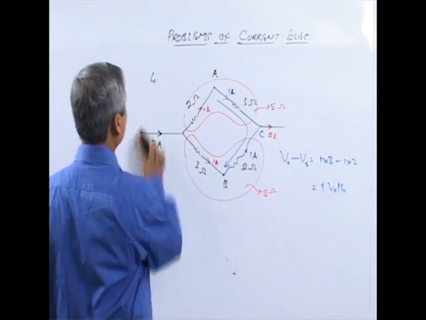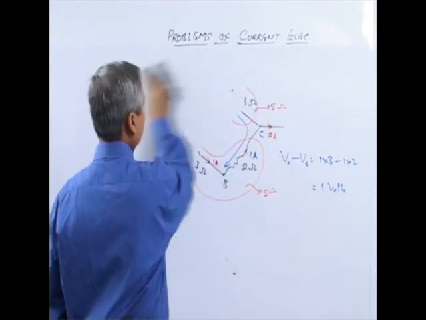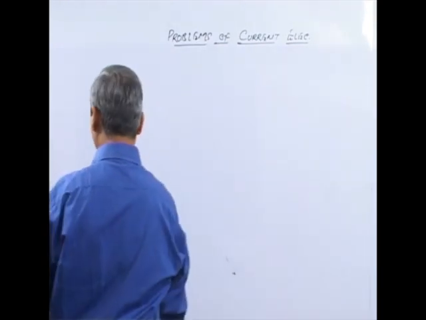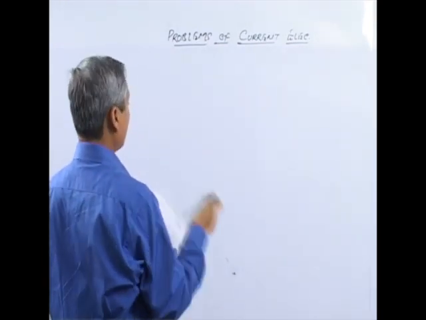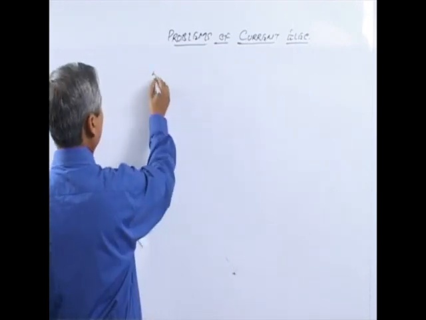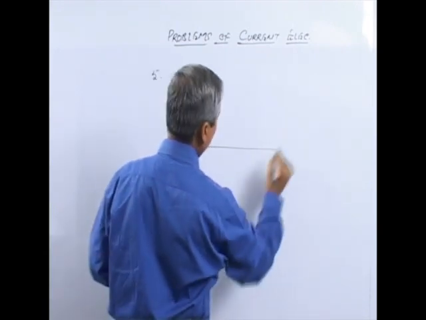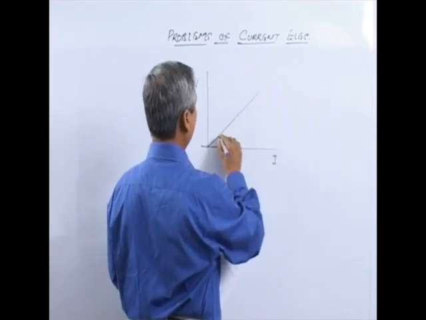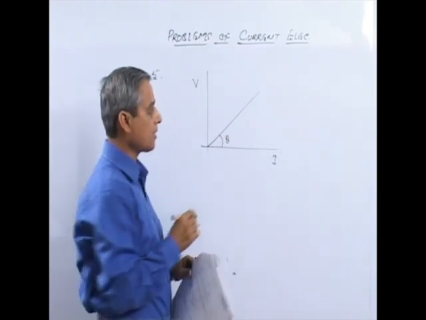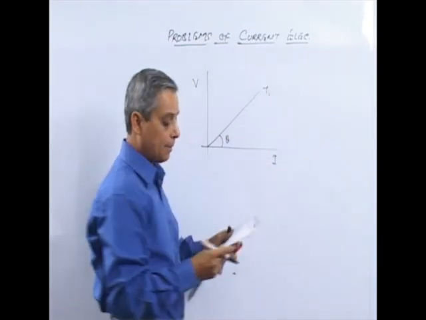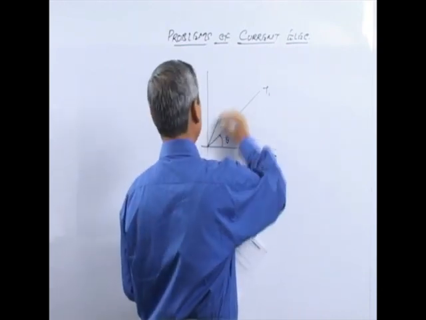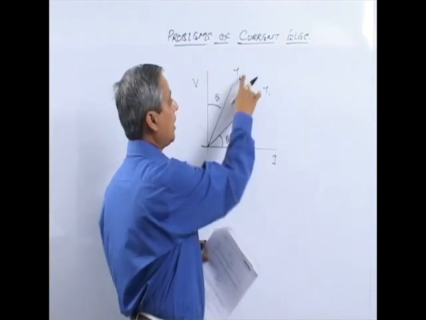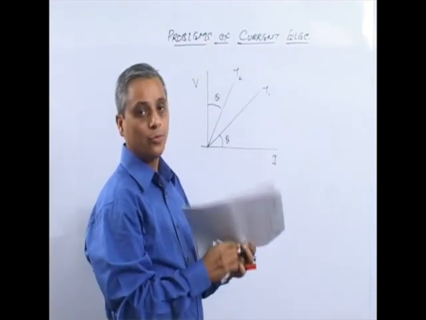In question number 5, again we have a diagram given, and this is basically a VI graph representing two straight lines, one at angle theta from the current axis marked at temperature T1, and the other at angle theta from the potential axis, again marked at temperature T2.